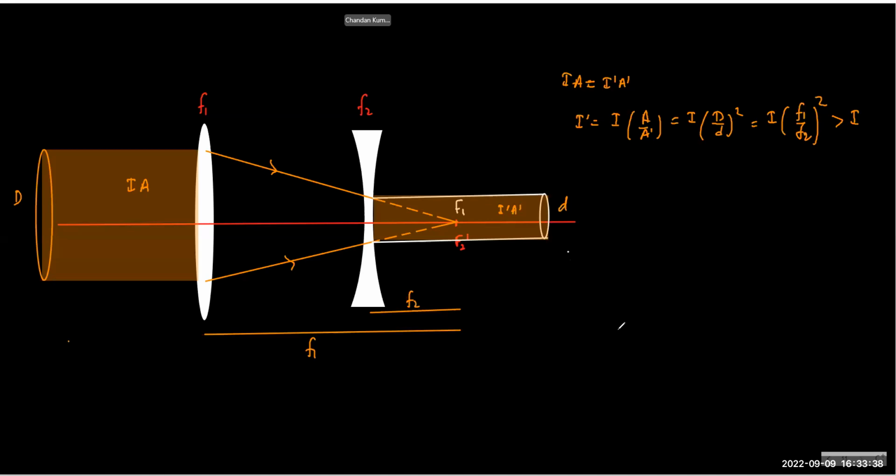One is fixed, which is the convex, and then we'll keep the F2 movable. By moving it to a certain distance, we can achieve a desired intensity, and therefore we can burn. So we can actually convert this into a device which uses natural light to create the furnace action.